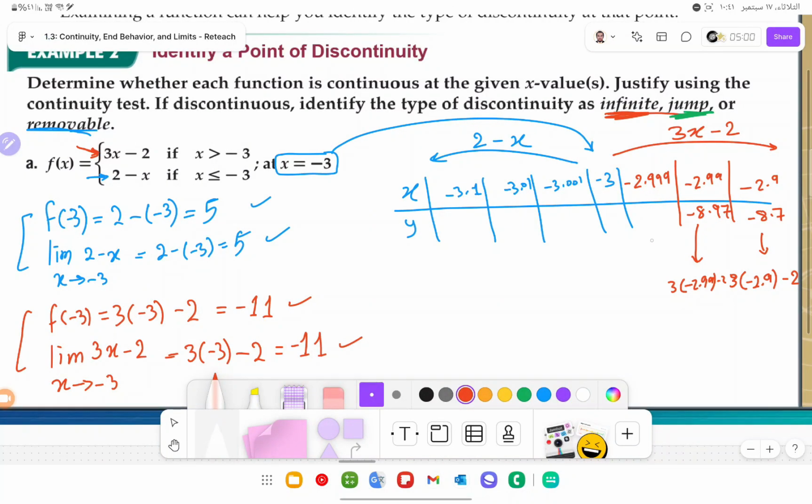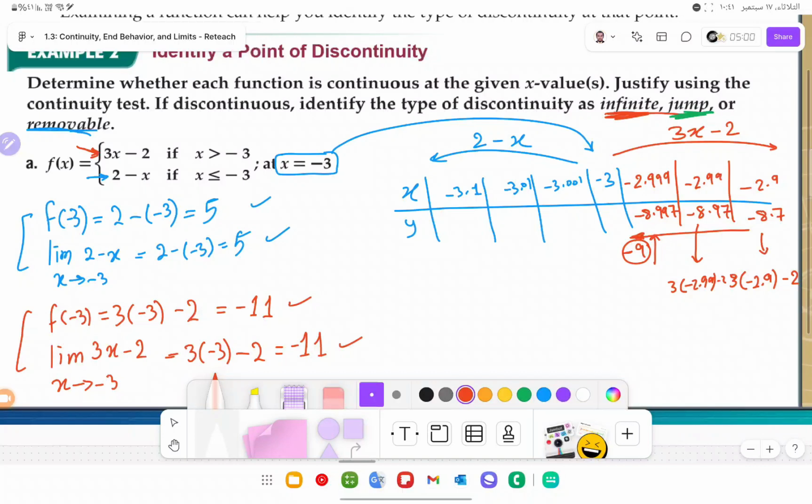The third one will be negative 8.997. So as you can see, it was 8.7, 8.97, 8.997. So what value are we approaching from the right? Negative 9.